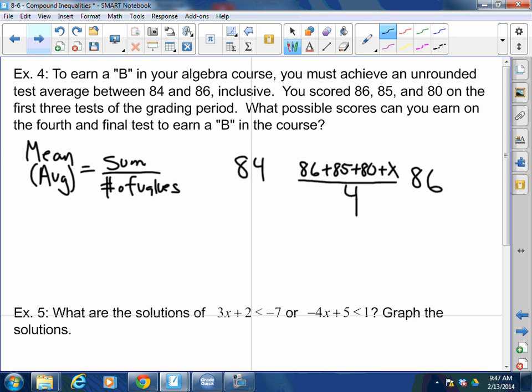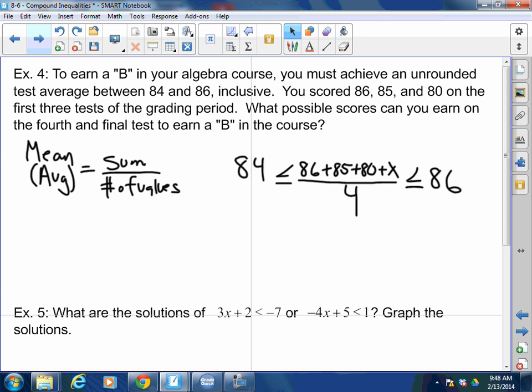I want this value to be greater than or equal to 84 or less than or equal to 86. Do you see what I did before I do any math? You understand how to do this even without me here.